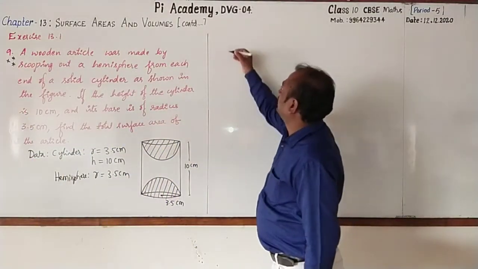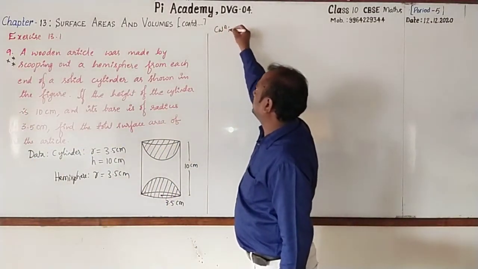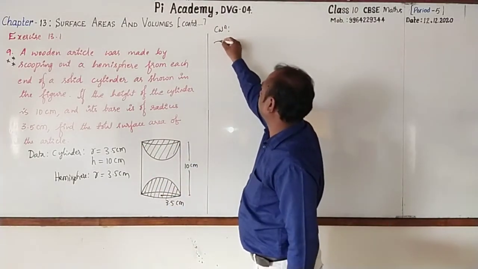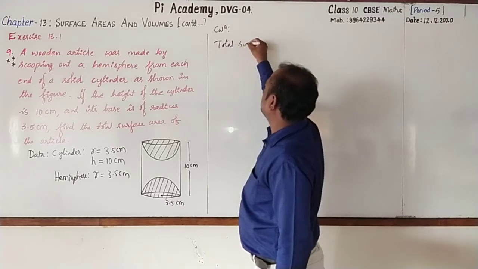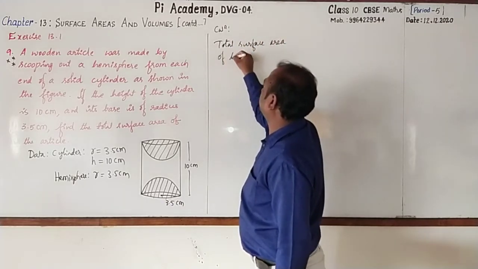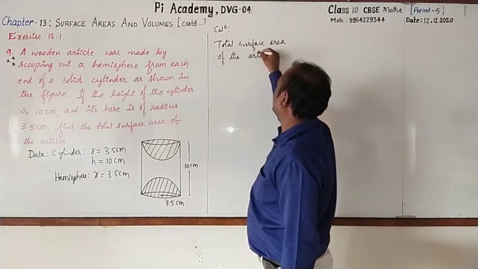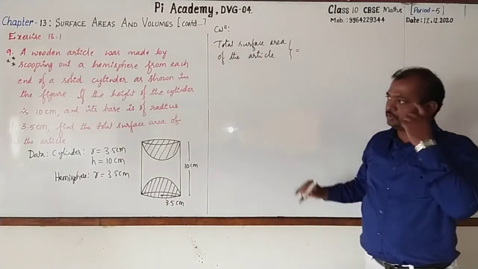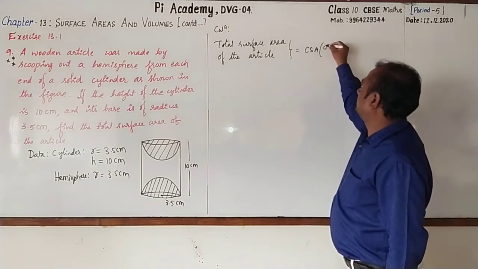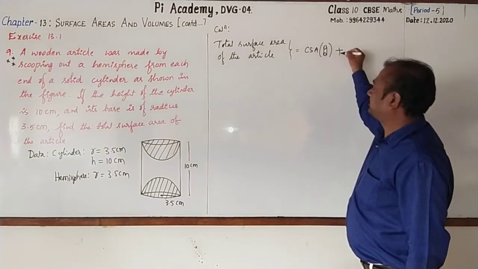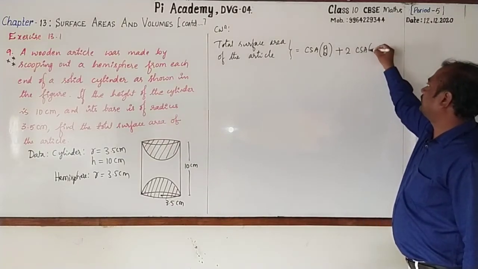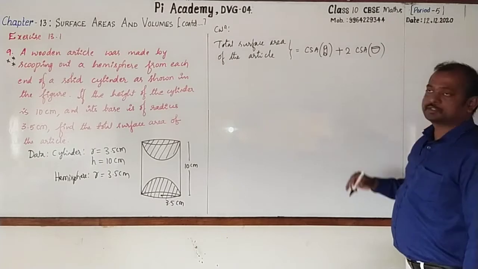Next, write the calculation with me. Here I will write total surface area of the article. Total surface area of the article is equal to CSA of cylinder plus 2 times CSA of hemisphere.